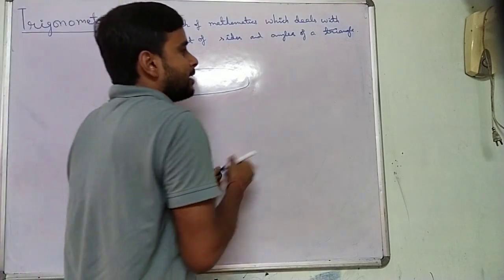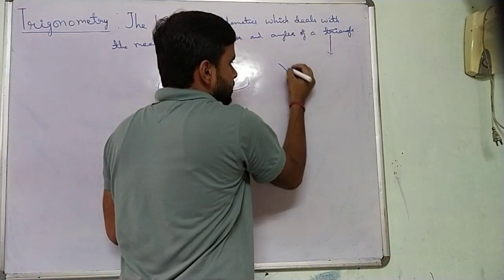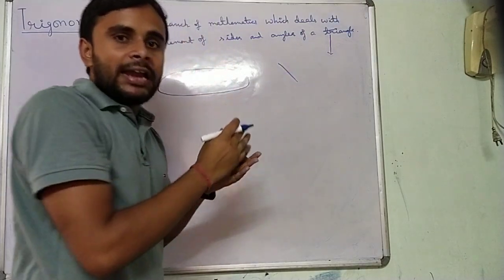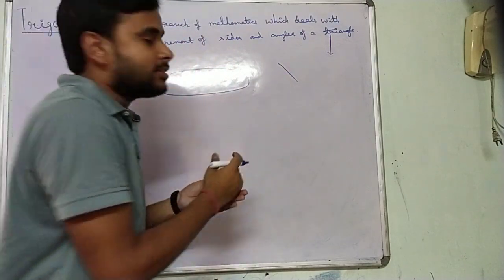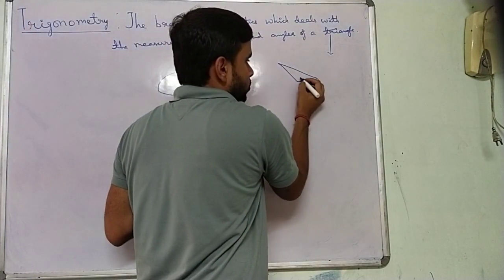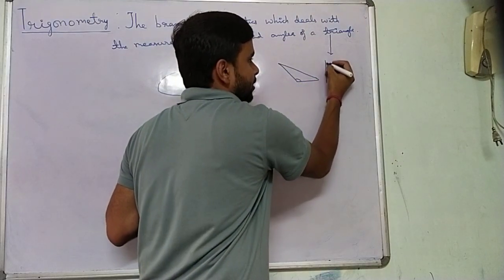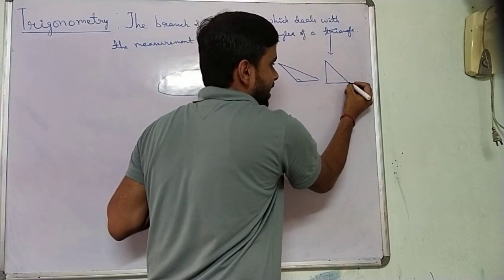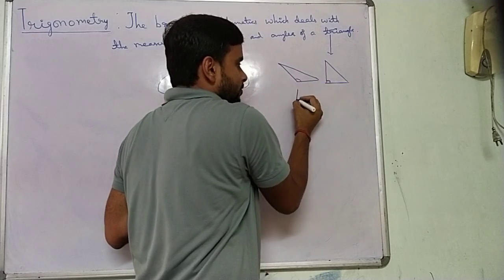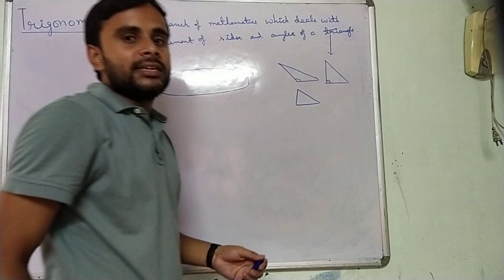Now when we say triangle, there are several types of triangle. We can divide triangles on the basis of angles as an obtuse angle triangle, where one angle is more than 90 degrees. You have a right angle triangle where one angle is exactly 90 degrees. You have an acute angle triangle where each angle is less than 90 degrees.